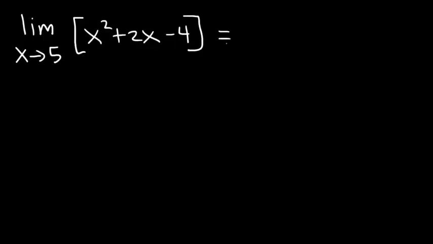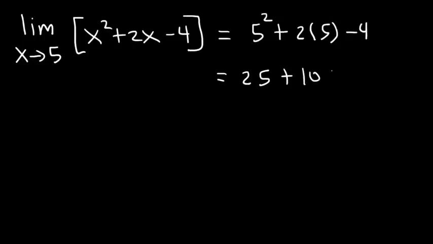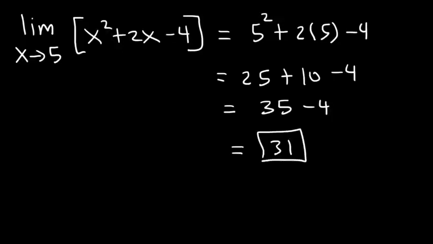All you've got to do is plug in 5. So it's going to be 5 squared plus 2 times 5 minus 4. That's 25 plus 10 minus 4. 25 plus 10 is 35, so the limit is going to be 31. And so that's it for that example.